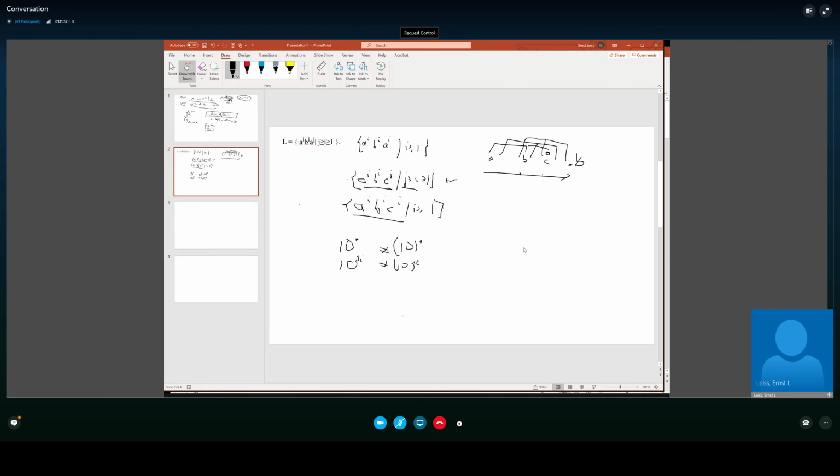kind of thing where we have regular languages. So this is a class of languages that is the smallest. Then we have context-free languages.